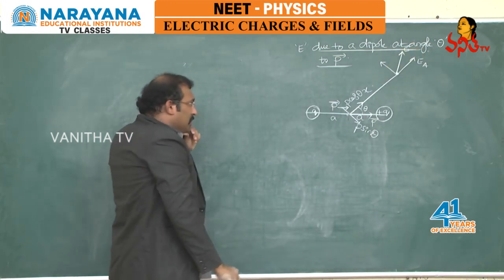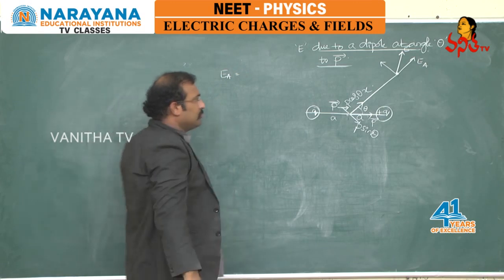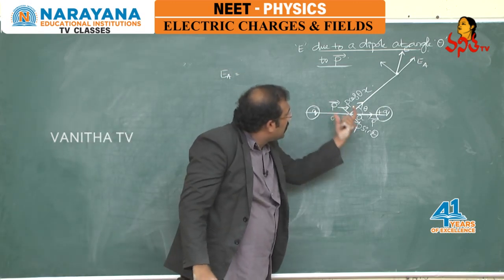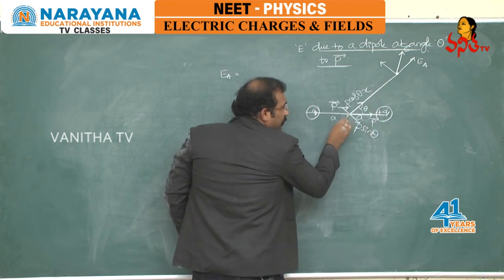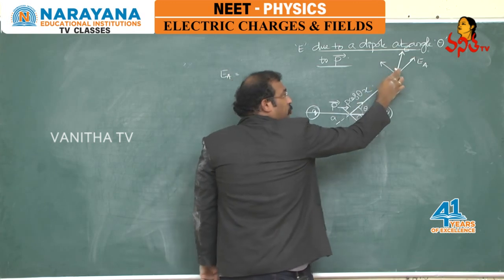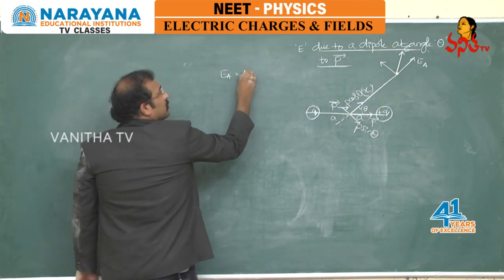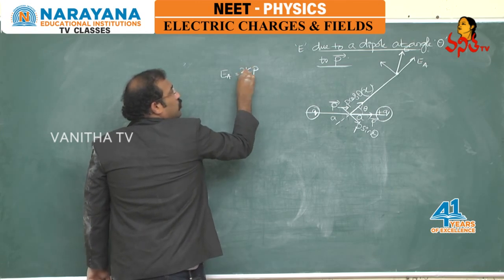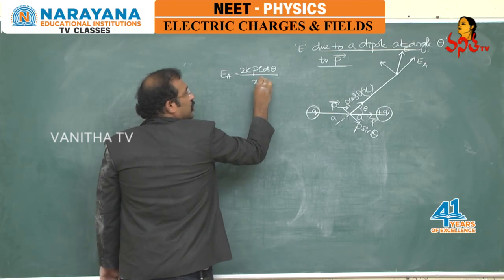Let us calculate the electric field. Because of p cos theta, the electric field on the axial line, with this point at a distance x on the axial line, I write as 2kp cos theta by x cubed.